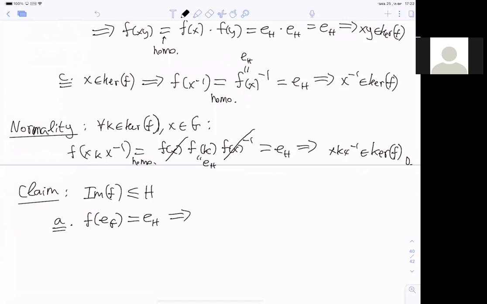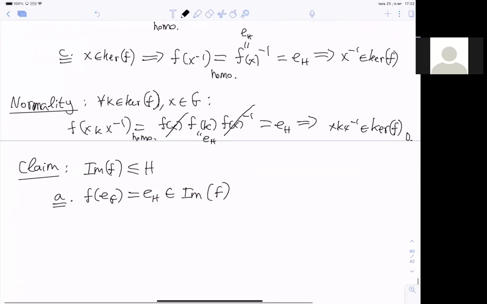So we see that the image is not trivial. I mean, the image contains the neutral element. This is the first thing we should verify. The second thing we should verify is that it is closed under multiplication.